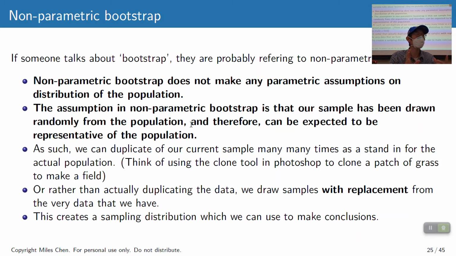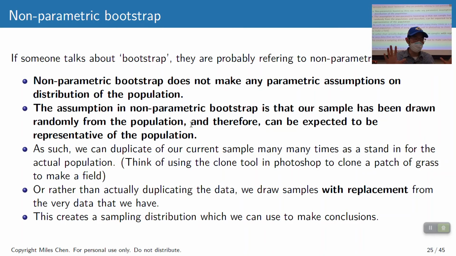Now, if there is something weird in that patch of grass, like a bright yellow blade of grass that's huge, and you were to copy and paste that, then the field is going to end up looking funny because you're going to see this weird blade of grass showing up everywhere.